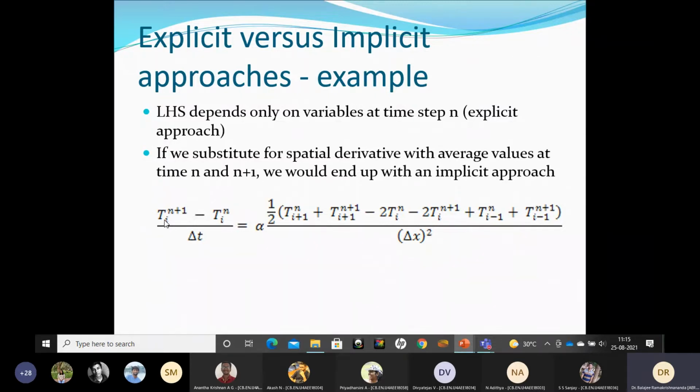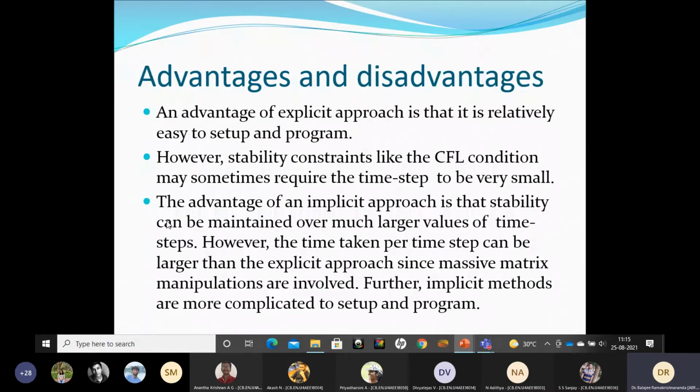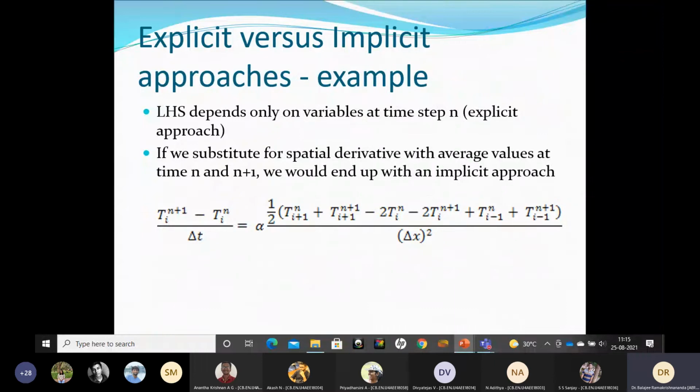Then on the left hand side, if you again simplify, take the Ti at n plus 1 to the left hand side. What will happen? On the right hand side, the Ti at n plus 1 you can take to the left hand side again. But you will have Ti plus 1 at n plus 1 and Ti minus 1 at n plus 1, which you wouldn't know when solving for this Ti at n plus 1.